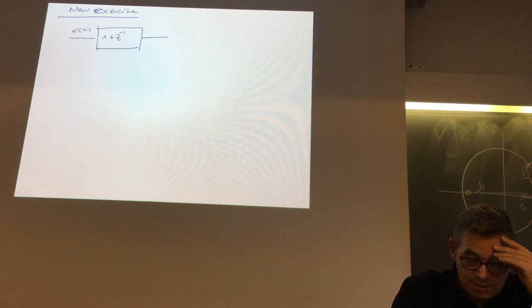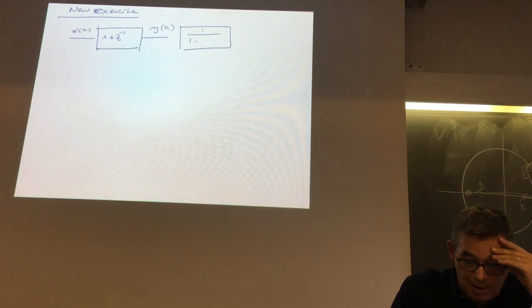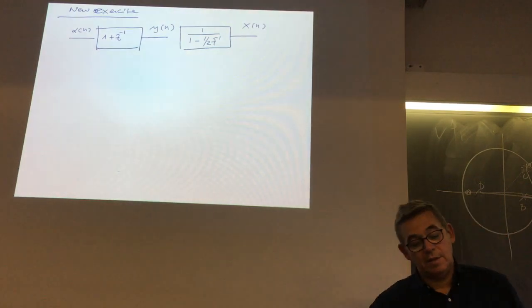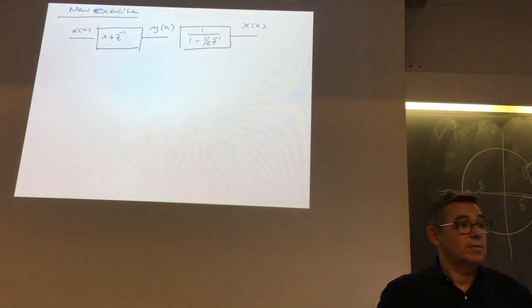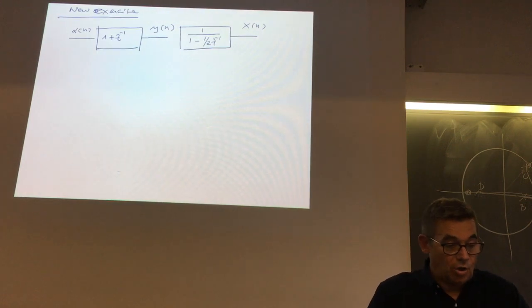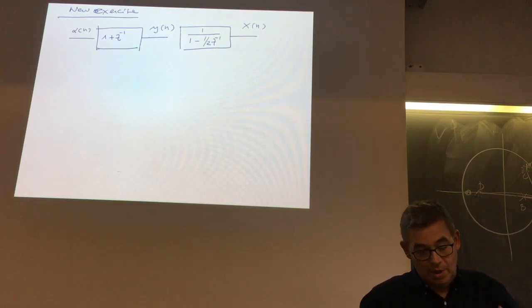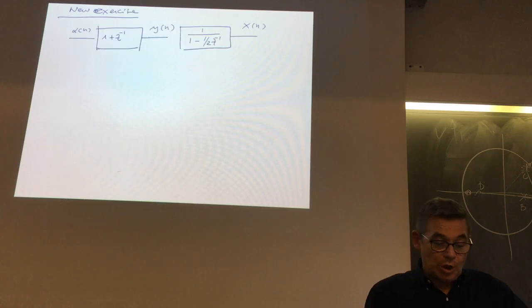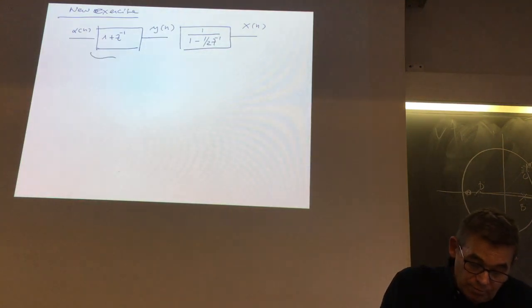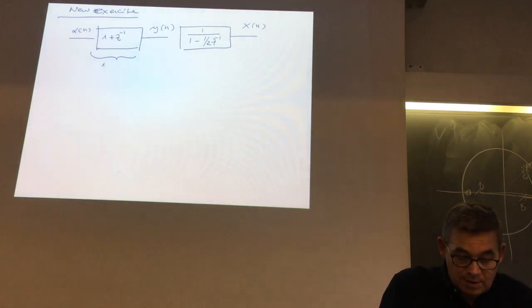Now the output is yn. Then we filter this by another system, which is 1 minus 1 half z to the minus 1, and we get xn. Okay, this is the kind of exercise that I'm asking. So this is a new example. I have 1 zero, 1 pole.